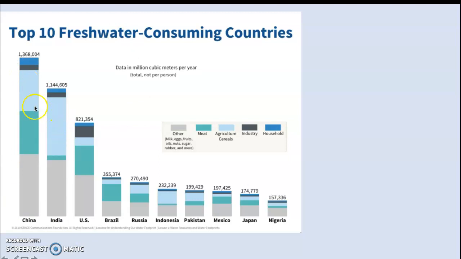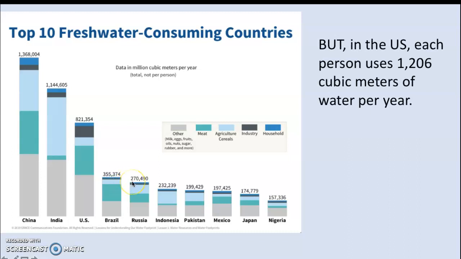These two countries have a lot more people than we do. A lot more people live in China, and a lot more people live in India than live in the US. Some of these countries have populations that match the US. There's not many more people in the US than there are in Brazil and Russia.